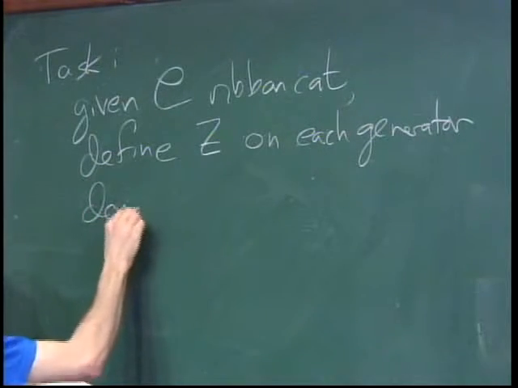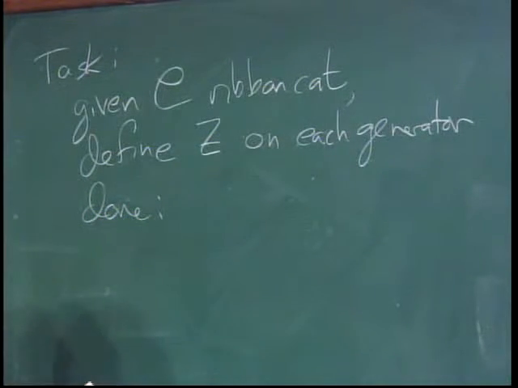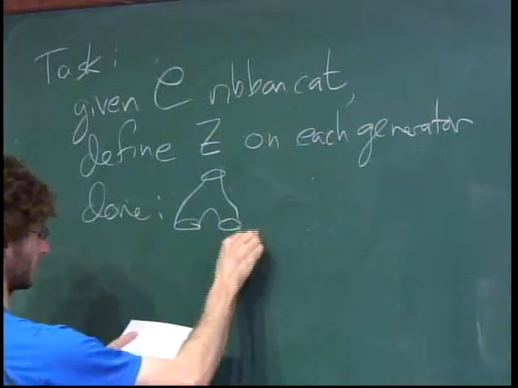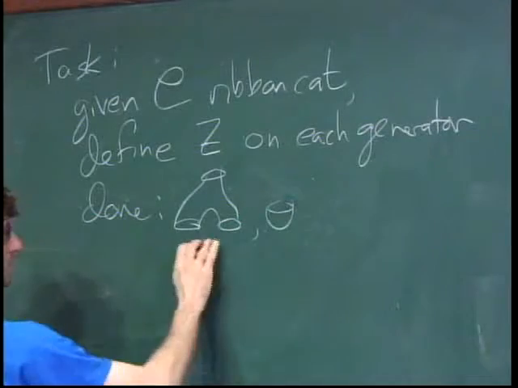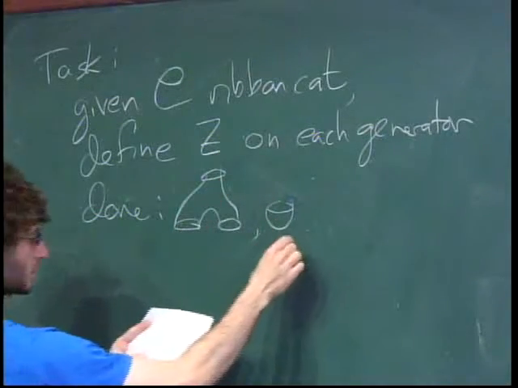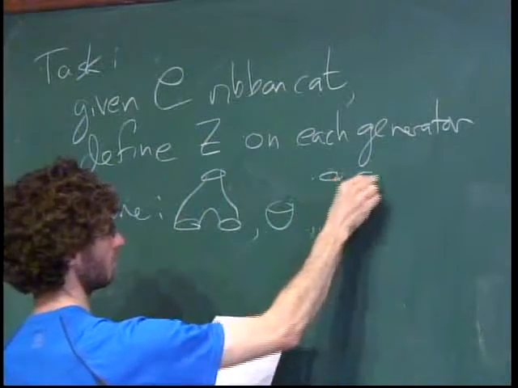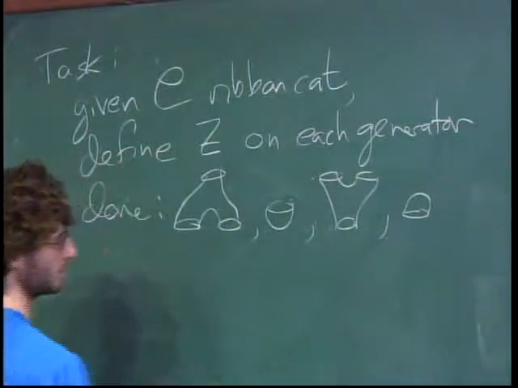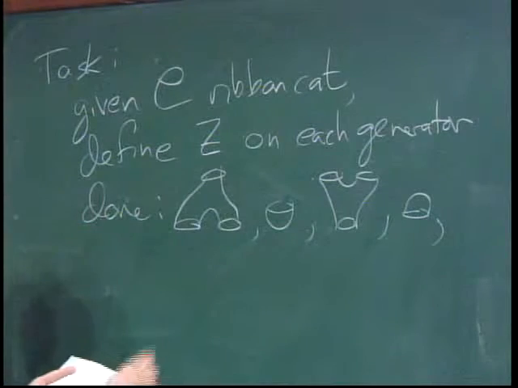And so which ones have we done so far? Well, the pants, and this is just part of the underlying tensor structure, and the copants and co-unit I already described are determined as adjoints to those maps.